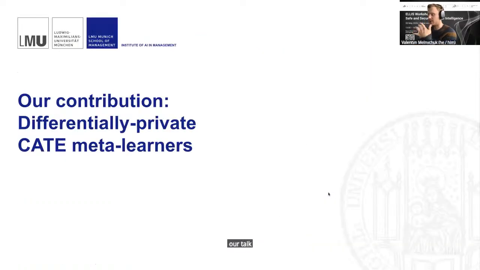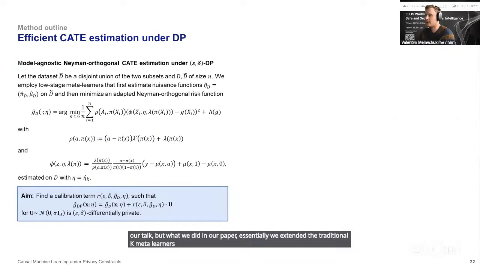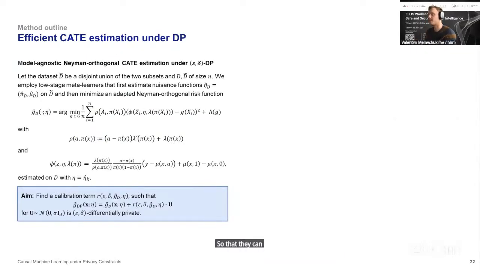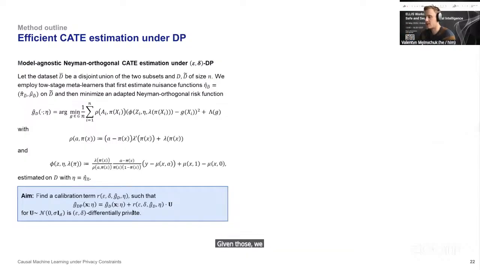But what we did in our paper is we extended the traditional CATE meta-learners so that they can be proven to be differentially private. In our paper, we first separately fit private estimators of the nuisance functions. And then given those, we want to release the model predictions for the second stage model.